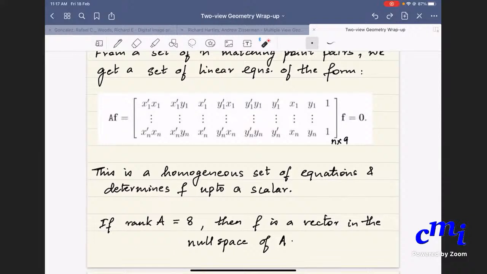So what if the rank of A is 6? Okay, this is, I think, some 11th standard question now. What will happen if rank of A is 6?